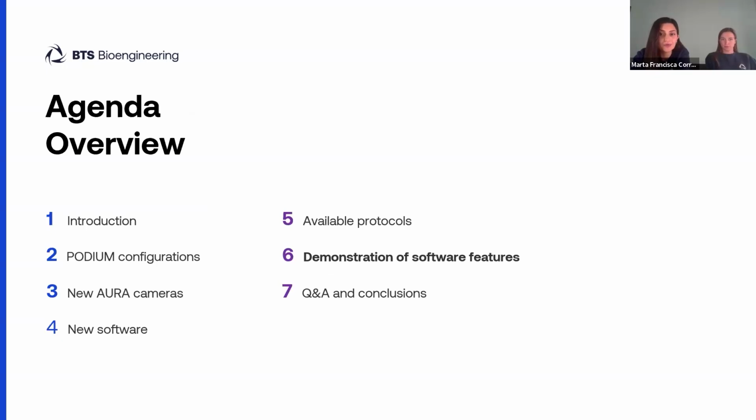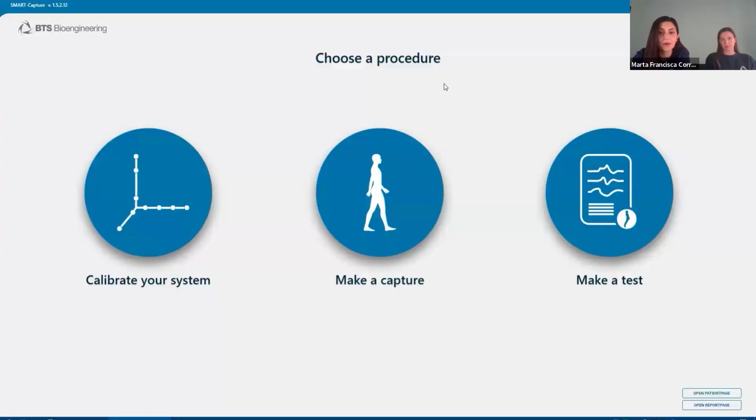So let's move to the new software features so we can have a look at it. So here I'm about to show you a video of an example of a test performed using the classical PODIUM configuration. In this case specifically, we will see a repeated squat test performed.